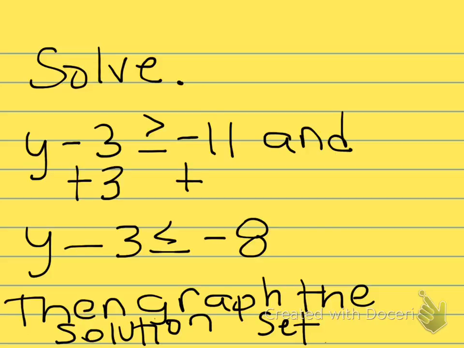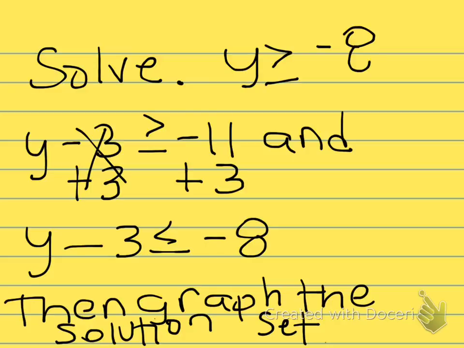The first inequality is y minus 3 is greater than or equal to negative 11. So we're needing to add the 3 to both sides to get y by itself. We don't need to flip the symbol. So we're keeping it as y is greater than or equal to negative 8.